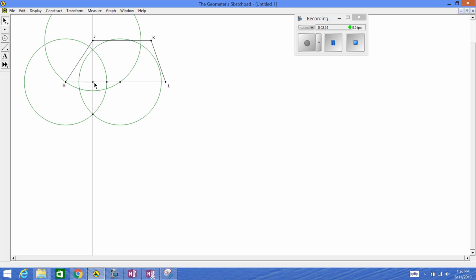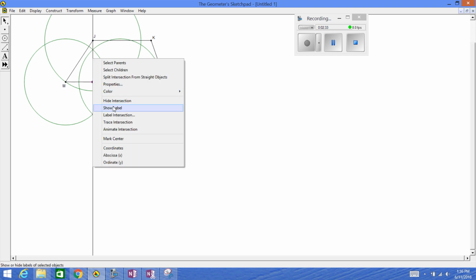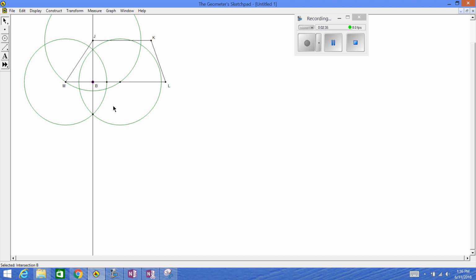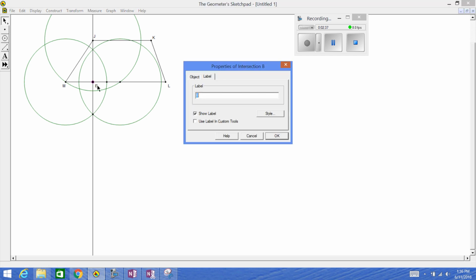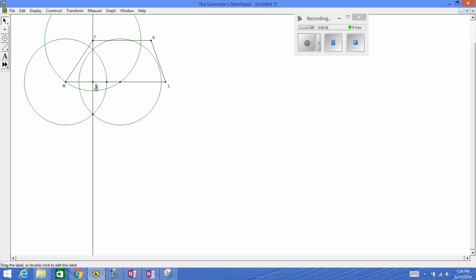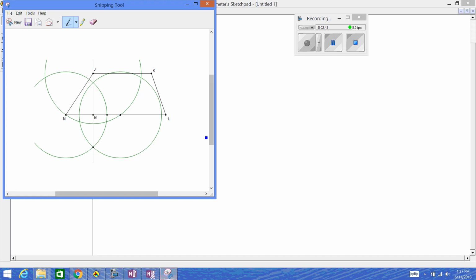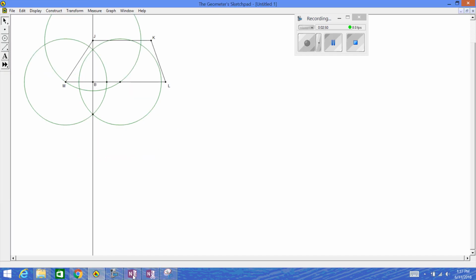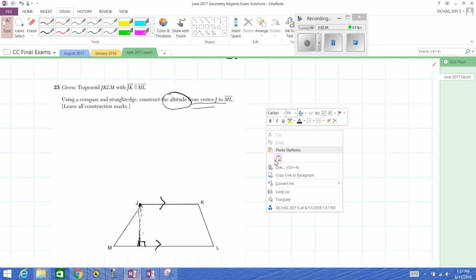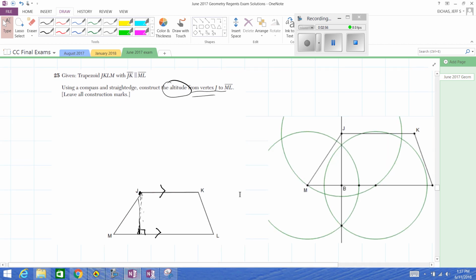We're going to leave all the construction marks. What we'll do is label it B. So JB is going to be our altitude. It's going to form a right angle there. So those are the construction marks. You don't have to actually make the full arcs. Okay, so now we'll talk about this.